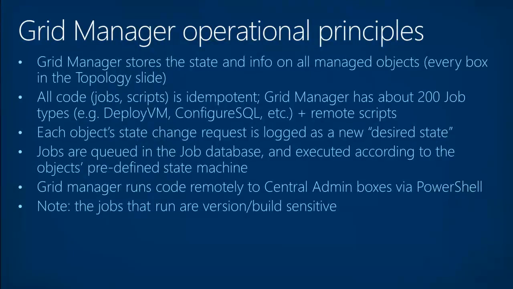Grid Manager has to be able to retry, and sometimes run asynchronous operations many times, and make sure that an operation is concluded successfully. All code is written in a way that if Grid Manager has any doubt that a certain end goal wasn't delivered, it will just retry, very simply.